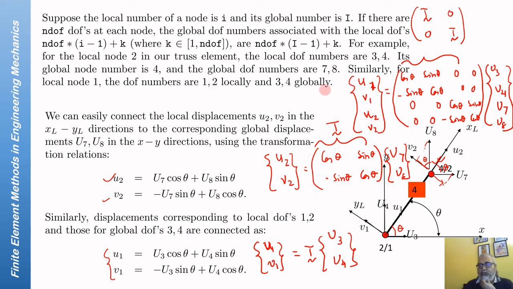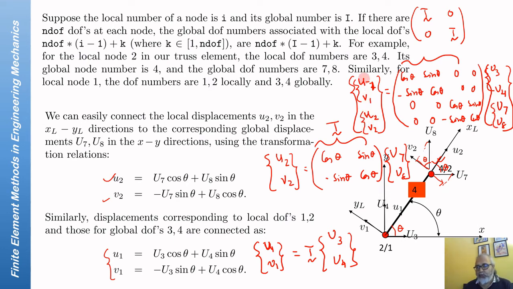Now again, the ordering is important. I know that local degree of freedom 1 is associated with global degree of freedom numbers 3 and 4. So this is local degree of freedom 1, this is global degree of freedom 3, this is local degree of freedom 2, this is global degree of freedom 4.